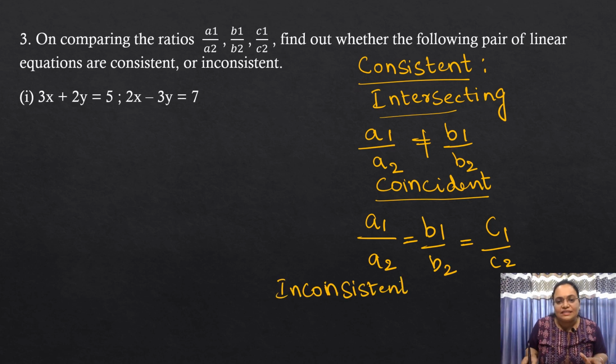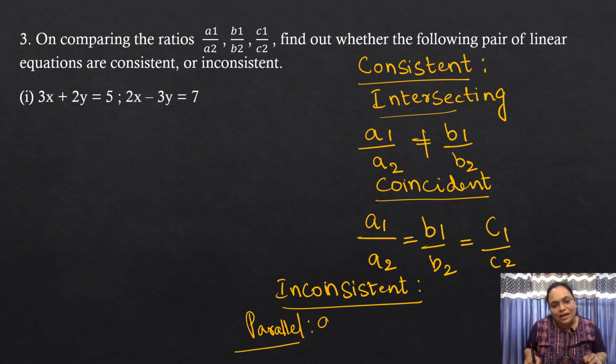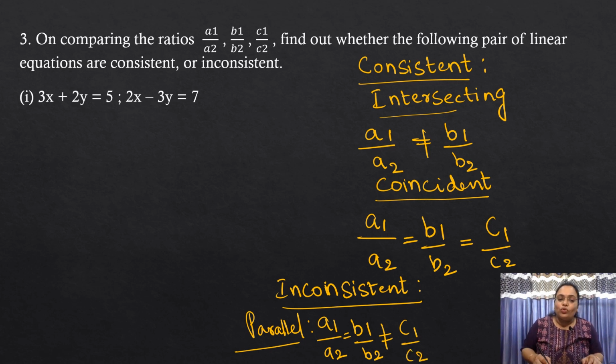If it is inconsistent, you only have parallel lines. So what is the condition for parallel lines? A1 by A2 is equals to B1 by B2 is not equals to C1 by C2. So it should only satisfy this condition if it has to be inconsistent. If it has to be consistent, it can satisfy either intersecting or coincident. Clear? So this is the problem.